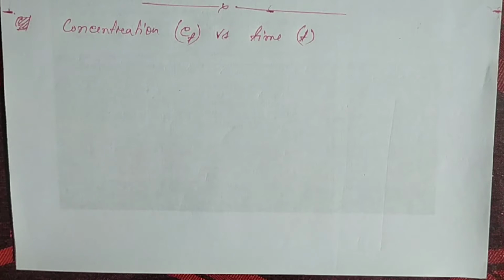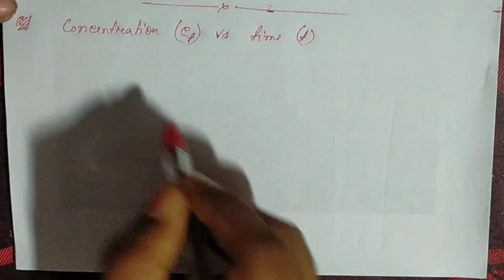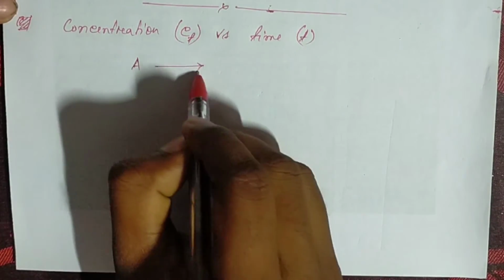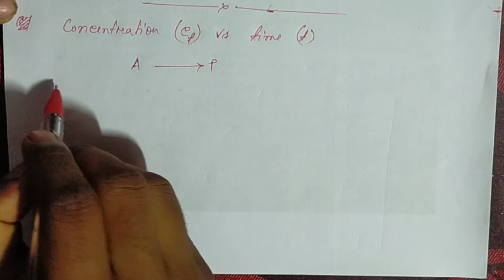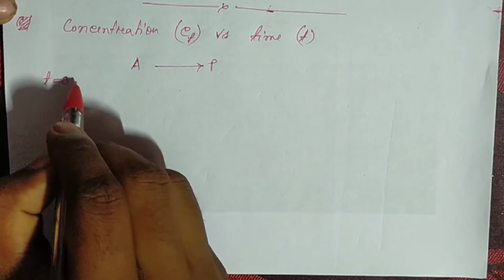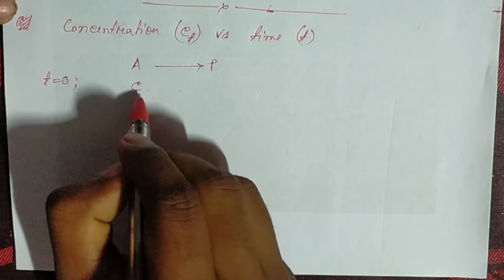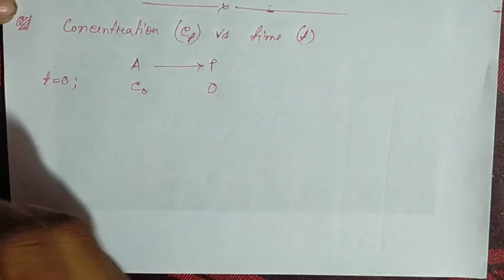When we plot the graph of concentration Ct versus time t, there will be a product. So when time is 0, it will be C naught, and the product will be 0.